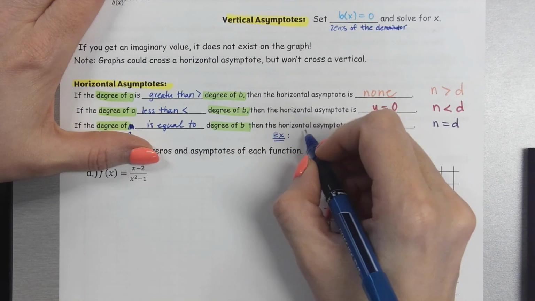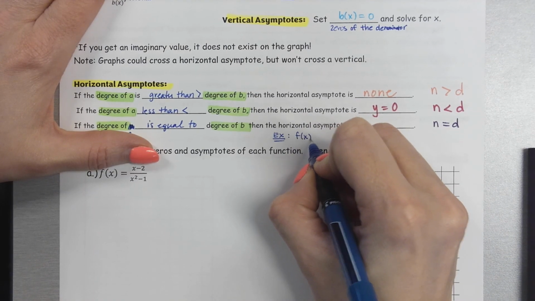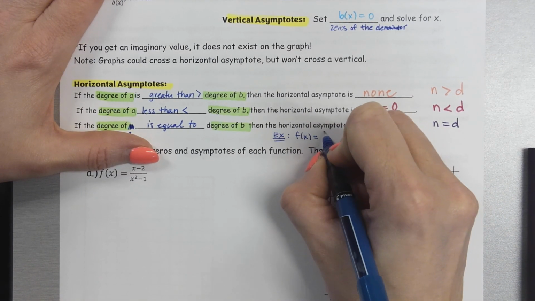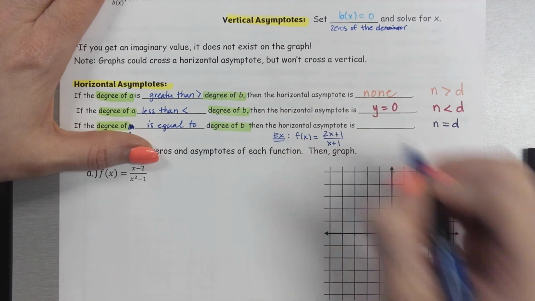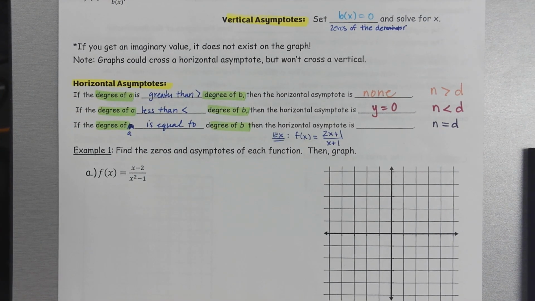Let's say you have f of x equals 2x plus 1 over x plus 1. The way that you find it is you look at the leading coefficient of the numerator and the leading coefficient of the denominator, and you make those a fraction.